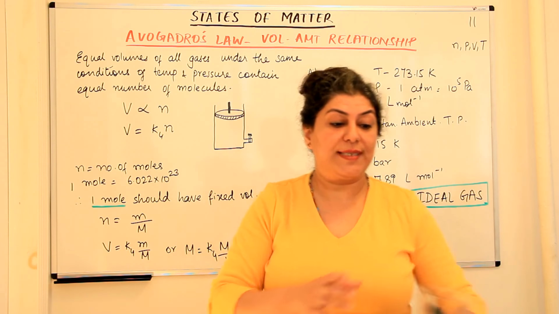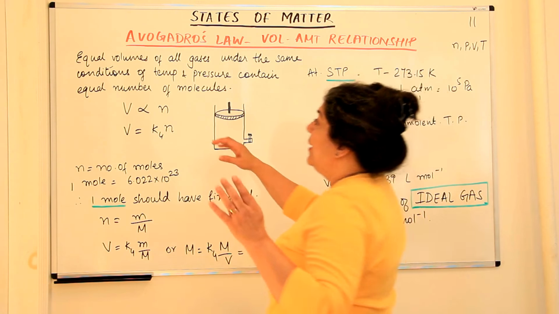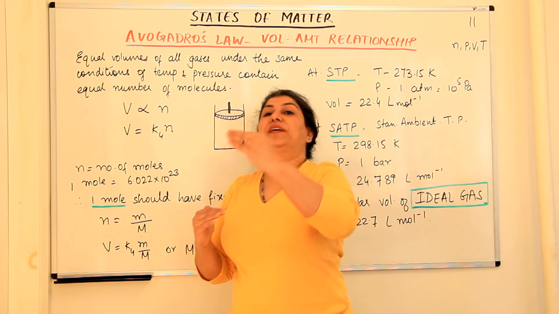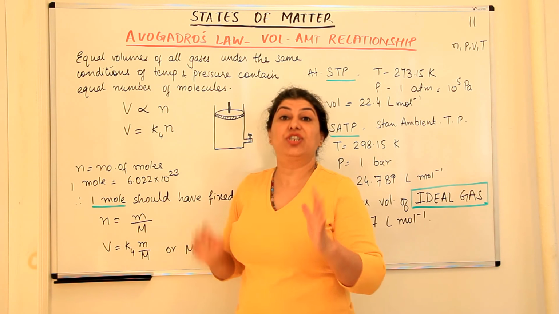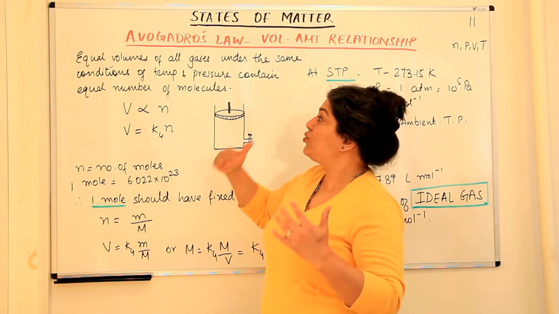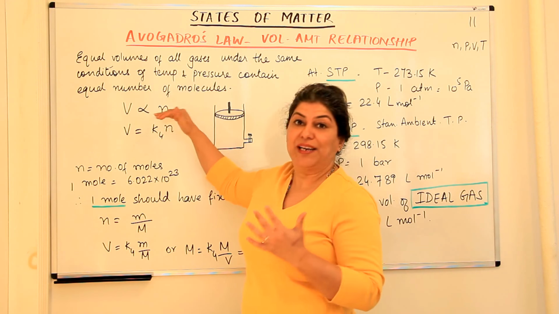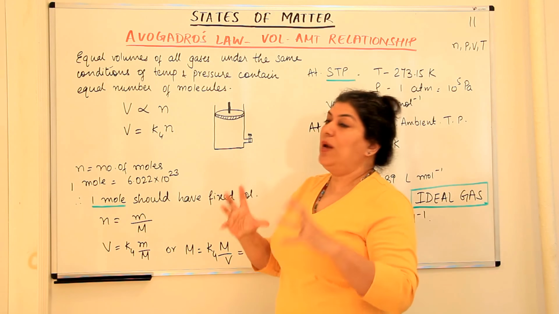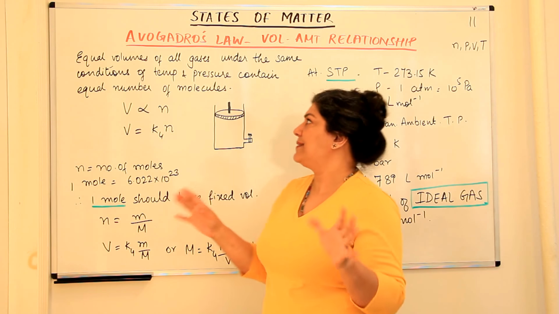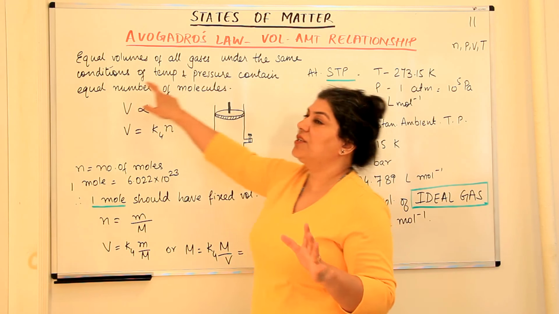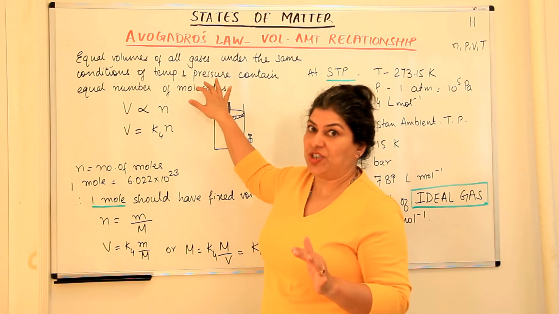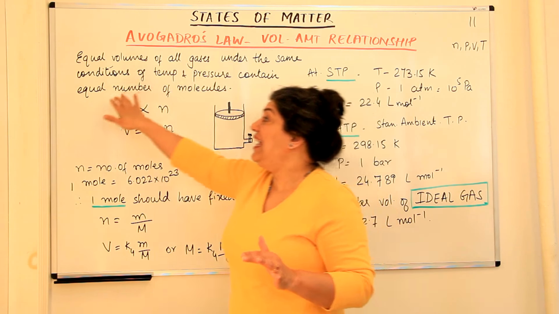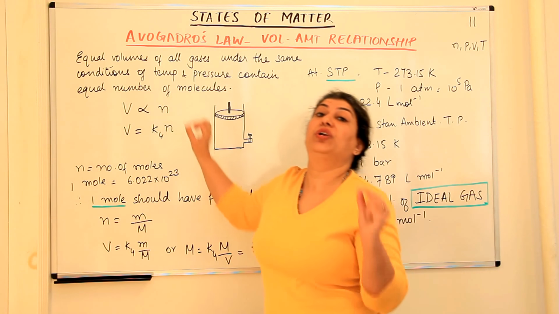Now let us come to the statement of the law. The statement goes a step further. It does not just talk of this relationship, and that is why I am talking of the statement after explaining this relation to you. Avogadro said that equal volumes of all gases under the same conditions of temperature and pressure contain equal number of molecules.